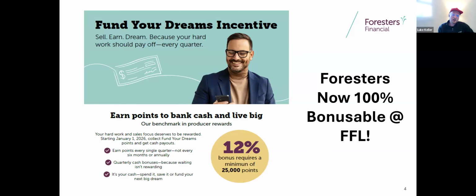If we take a look at the product suite, what you'll see at Foresters is we have everything broken up into, we'll call it, 3 buckets. Going from left to right, on the left-hand side and in the middle, you have medical and non-medical. For non-medical and medically underwritten, you have your term, which is our regular everyday term product, Advantage Plus 2, which is a participating whole life product, and Smart UL, which is our universal life product.